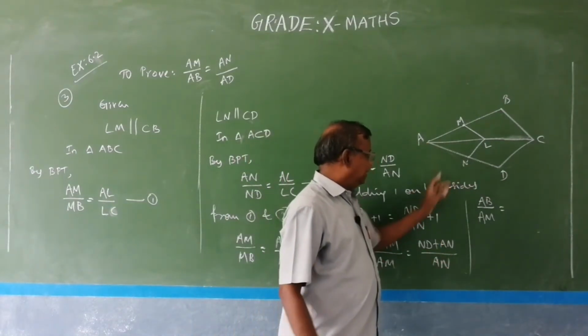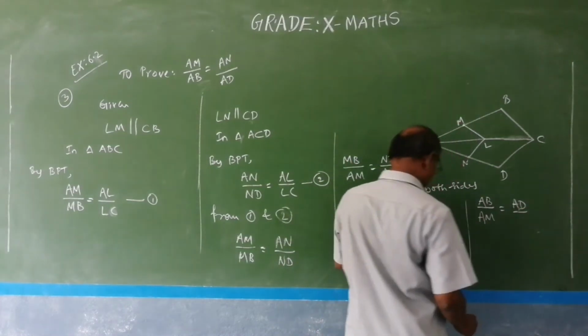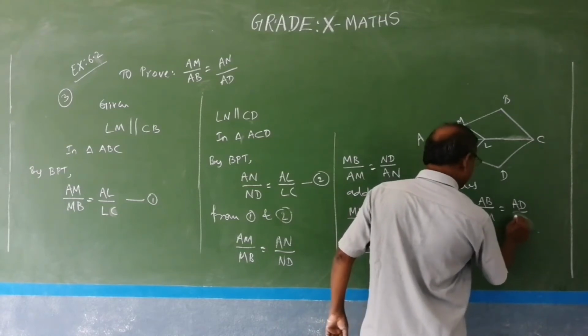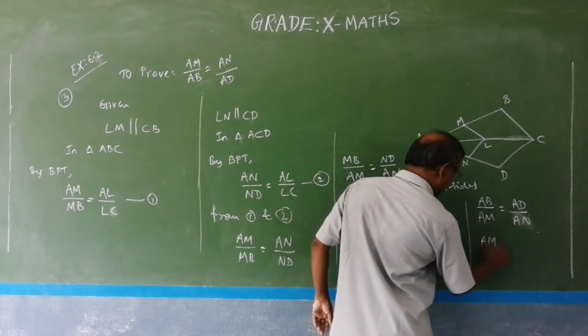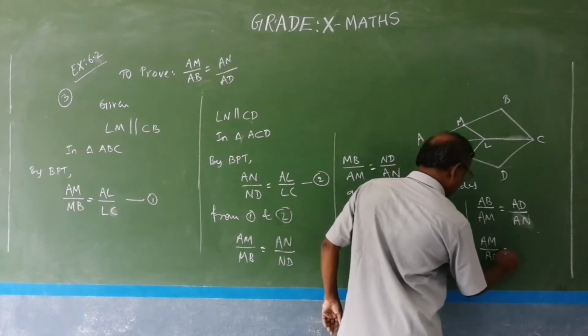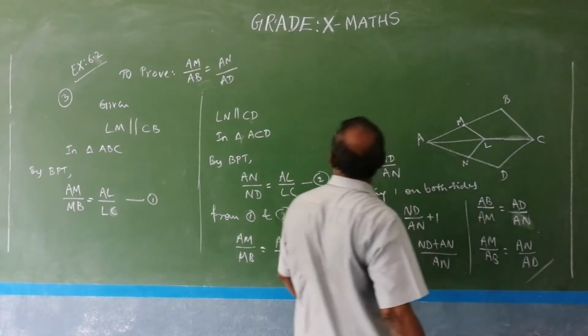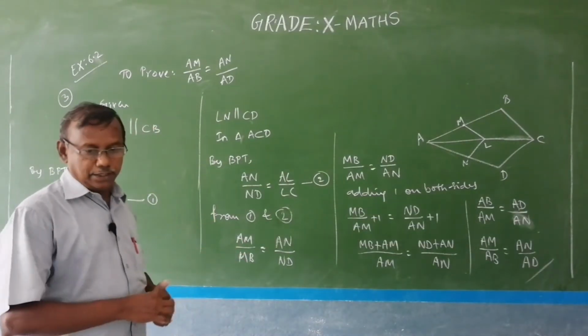ND plus AN equals AD. So AD by AN. Again take reciprocal. We have AM by AB equal to AN by AD. So hence proved. So this is the way we have to prove such problems.